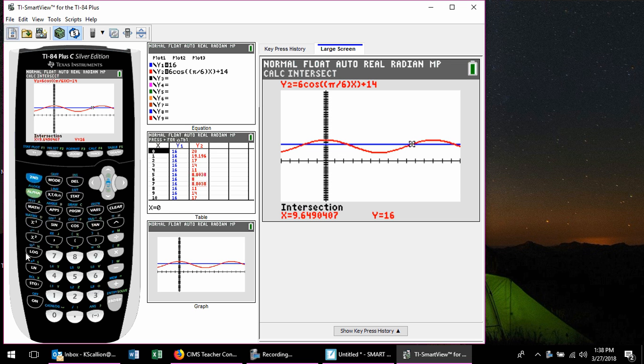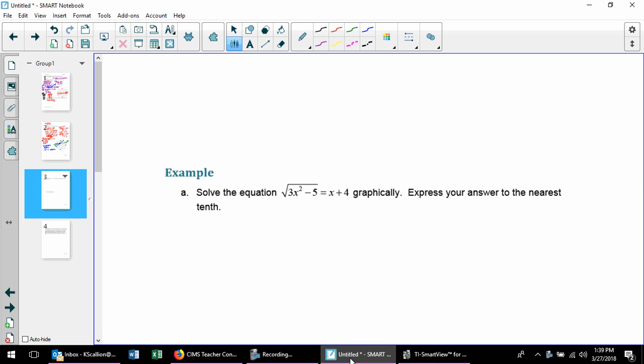But why would I use intersections instead of intercepts? We'd have that ugly x if we put it on the other side, right? So if we isolated this, it would be 3 root 3x squared minus 5 minus x plus 4.